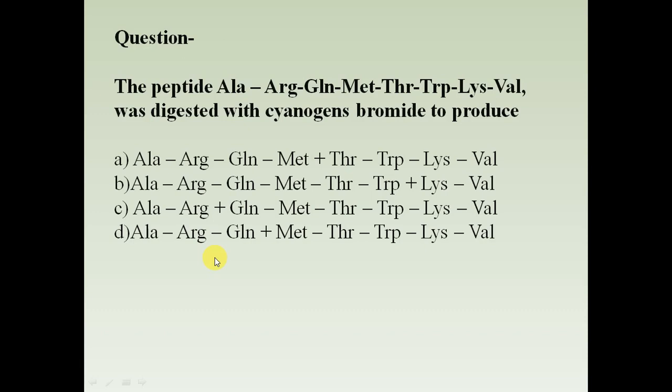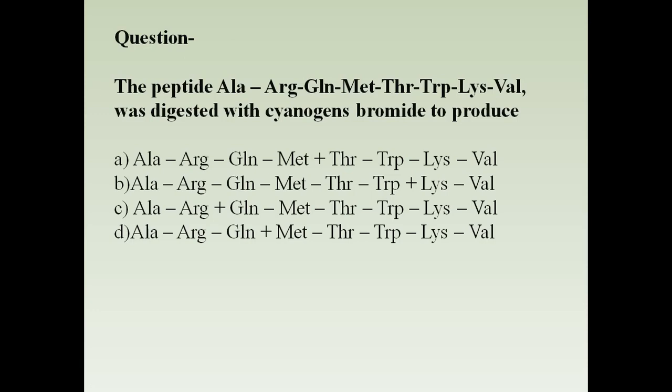Going on to our next question: the peptide alanine, arginine, glycine, methionine, threonine, tryptophan, lysine and valine was digested with cyanogen bromide to produce which one of these sequences? As you know, it is given in the table that cyanogen bromide cleaves the C side of methionine.